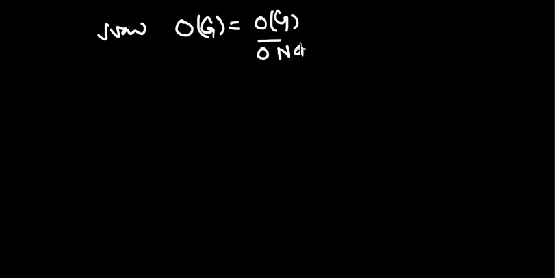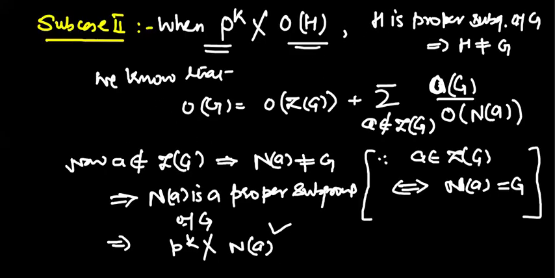Now we know that the order of G can be written as the order of G divided by the order of N(a), times the order of N(a). Now p^k does not divide the order of N(a).